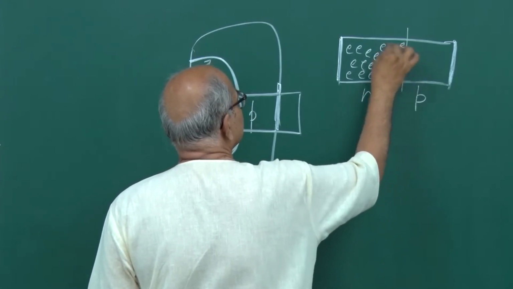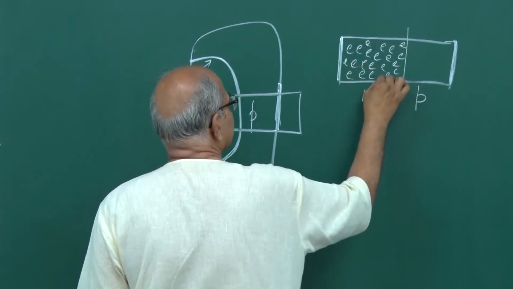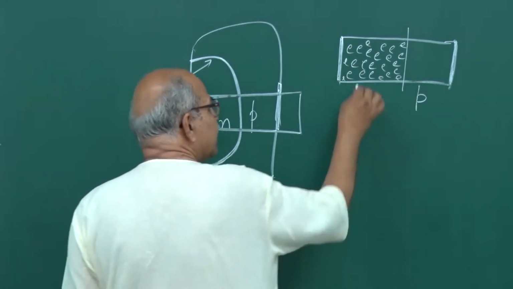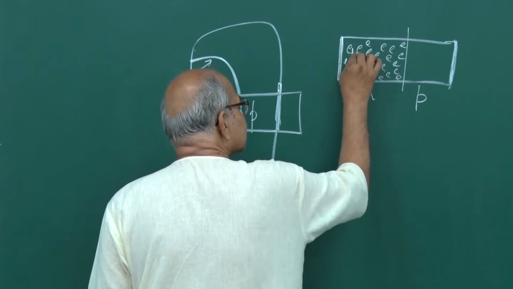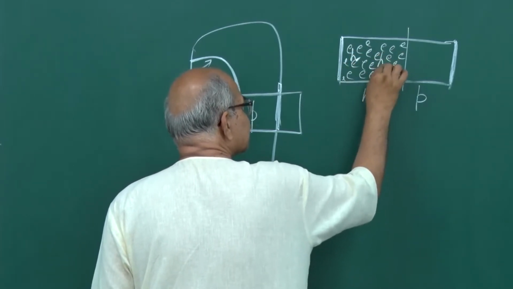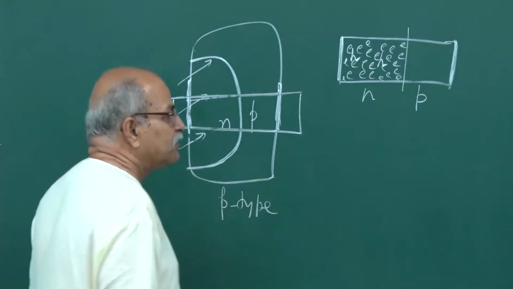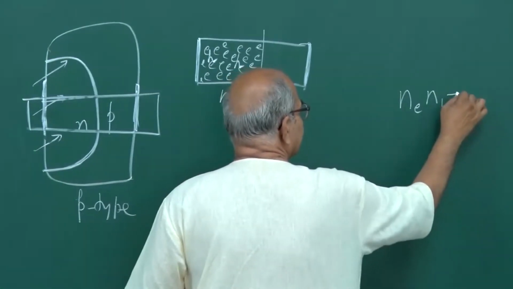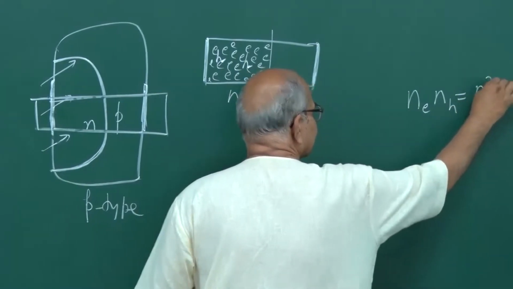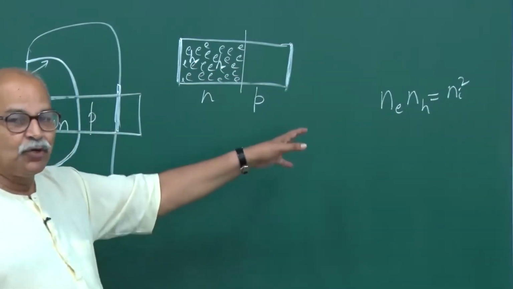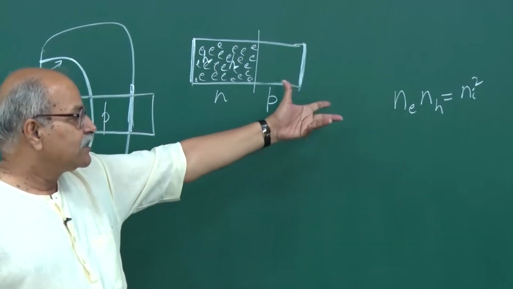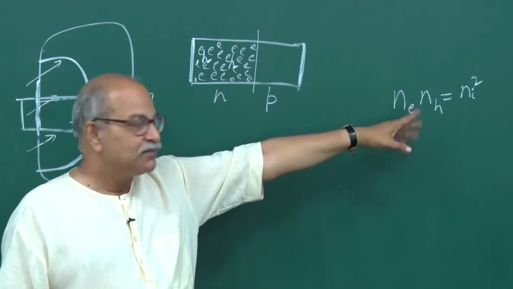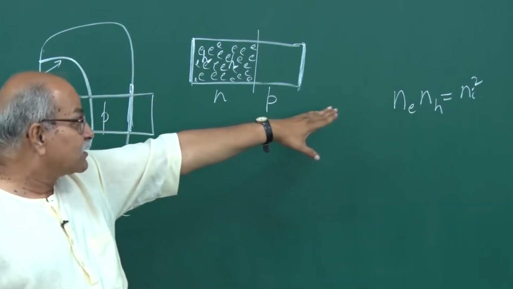You have free electrons here, and you have some holes here in between, a small amount. Remember, n_e times n_h is fixed, n_i squared. And for a ppm type doping, we had calculated that the number of holes reduces to a few thousands per centimeter cube, but they are still there.